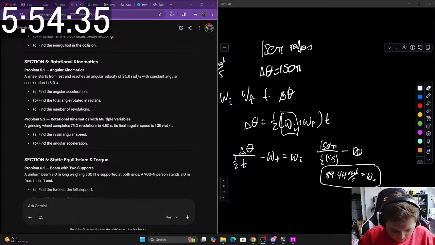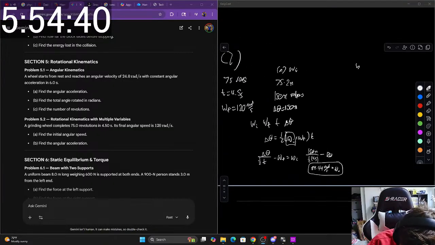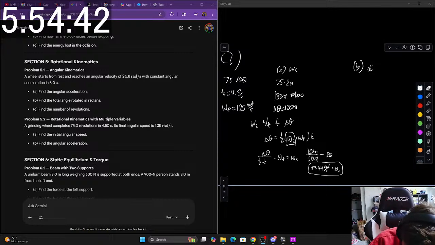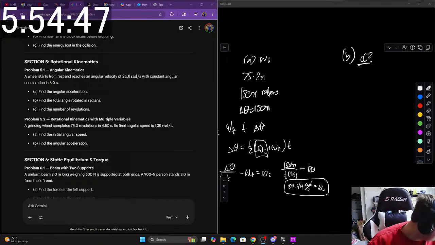Okay. Oh, I need to find the angular acceleration. Whoops. Oh, wait. Oh, that's the next problem. Okay. So we can just kind of use what we already have. Whatever's easiest.